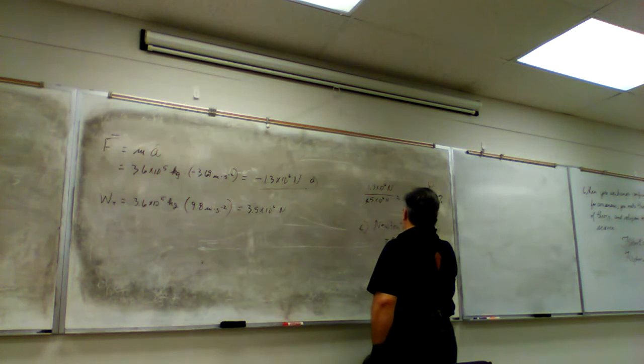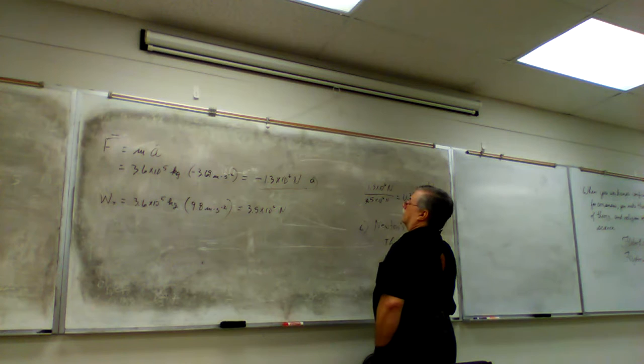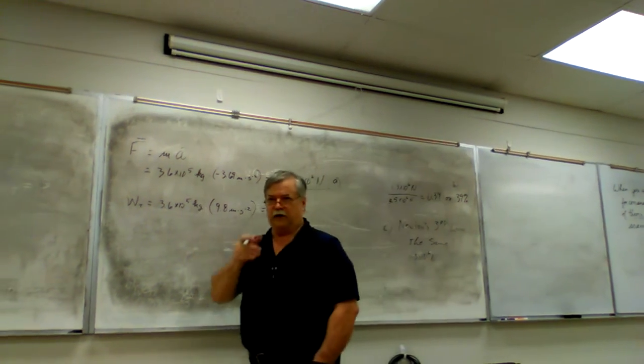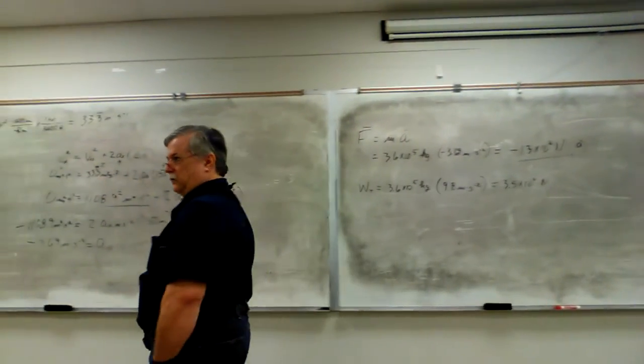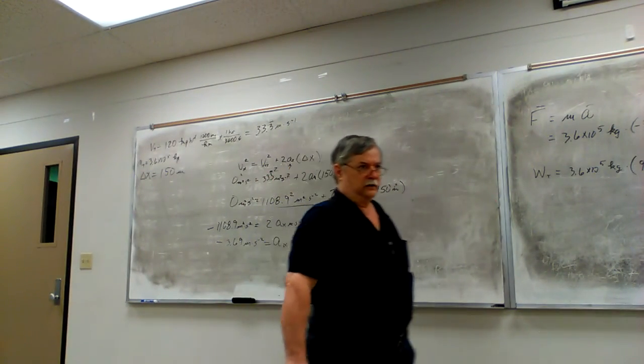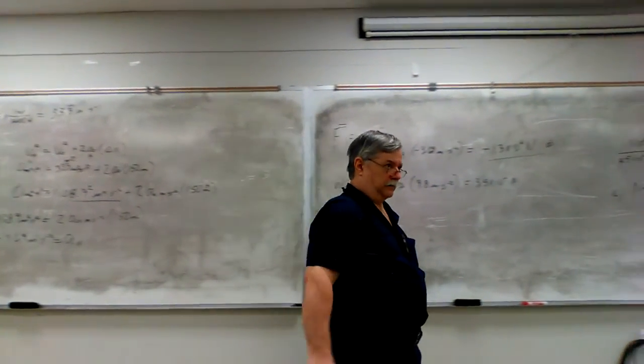The same, or 1.3 times 10 to the 6 newtons. You'll notice I did not include the negative sign. It was not an oversight that time. What's Newton's third law say about the force? Equal and opposite.